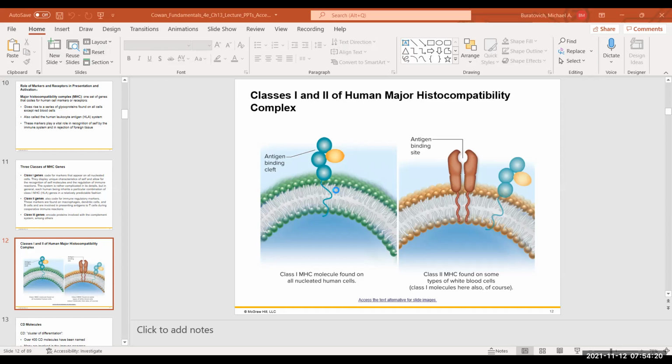These are encoded on a very large complex of genes that are clustered together on chromosome 6. This gene cluster is called the major histocompatibility complex.